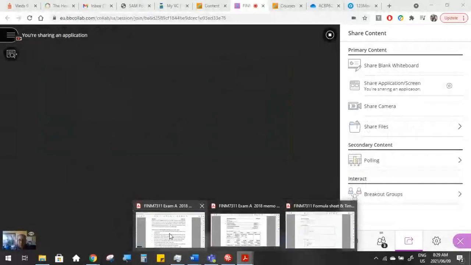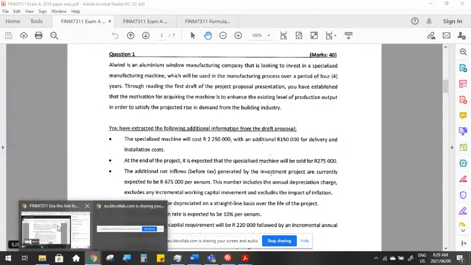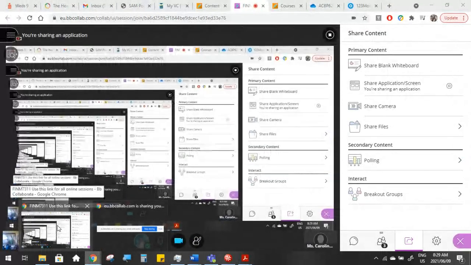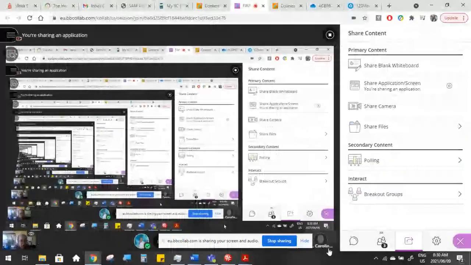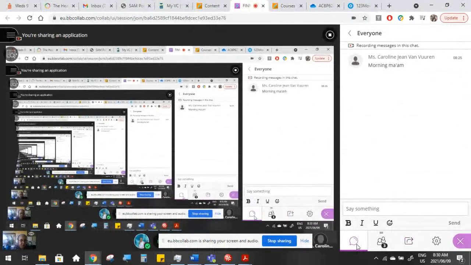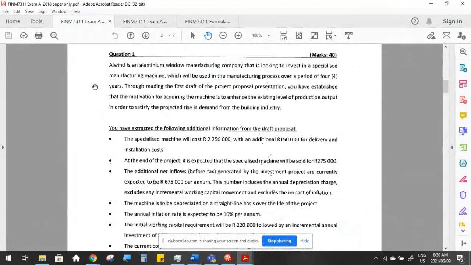There we go. Hopefully you can see, let me go here. Sorry, I was making sure I've got the right one. On that screen I can see the chat bar, and on this one you guys can see the paper.